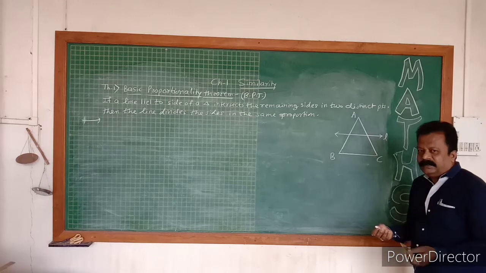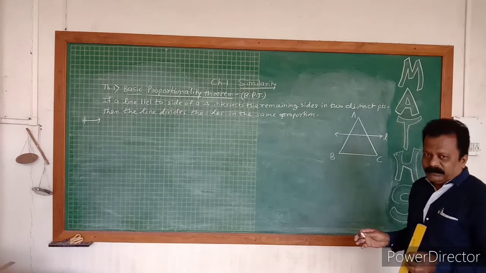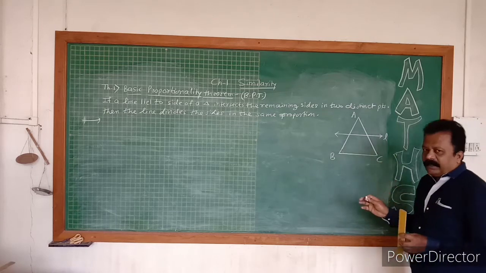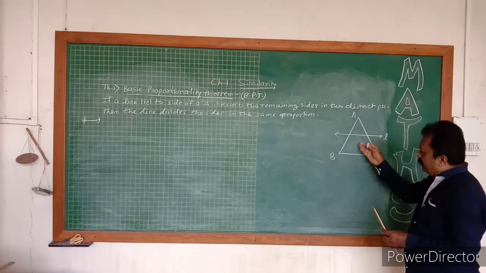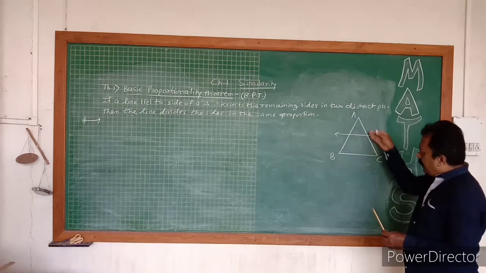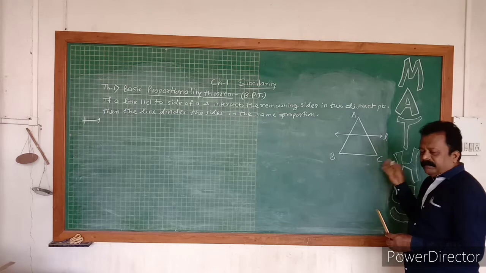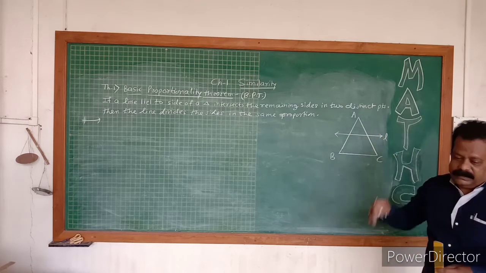But you don't do that; with more practice, you can. Anyhow, we can draw a triangle, name it any name, and draw a line parallel to any side: side AB, side AC, or BC. I have drawn the line parallel to side BC.